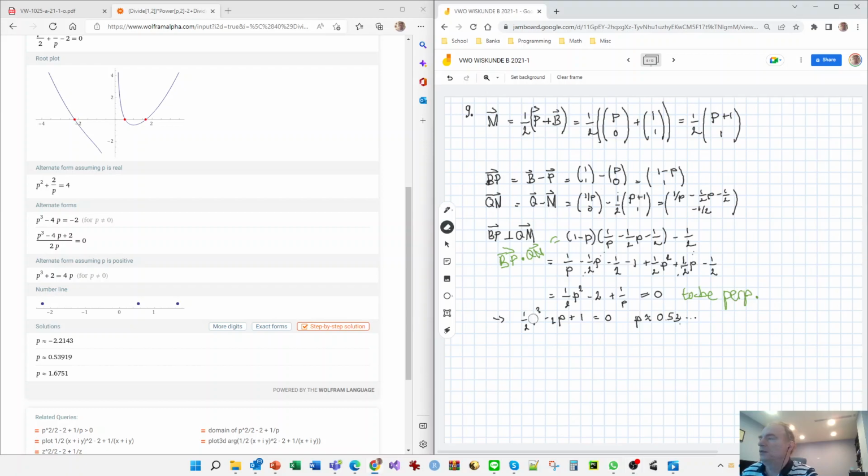We can actually erase this. You don't need to do this. We don't want to do it analytically anyway. What you get, you can just substitute u is 1 over P in this, and then you get some third degree equation, which is often not so straightforward to solve.